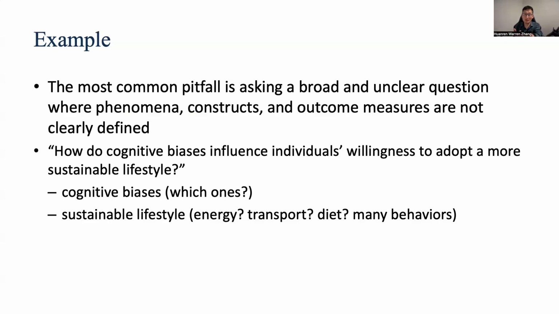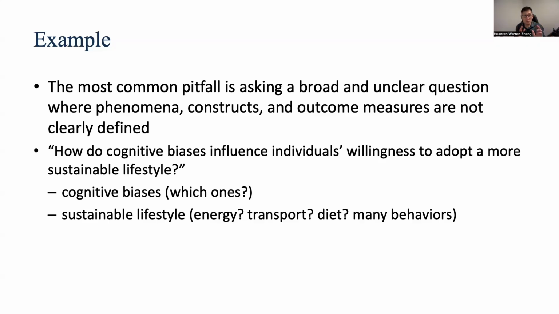And also another phrase here, sustainable lifestyle. What is that? When we talk about sustainability, it's a fancy word. It's an important thing that we should pay attention to. Maybe can be considered as impactful, right? But it's not clear what sustainable lifestyle mean in this research question because it can encompass all kinds of things.